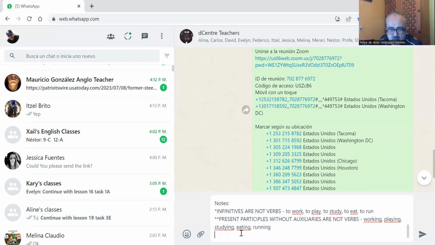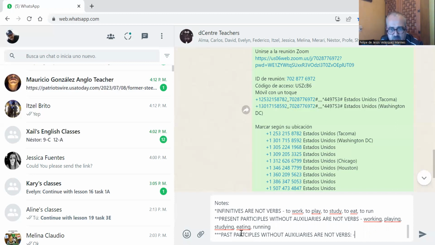And finally, past participles without auxiliaries are not verbs.